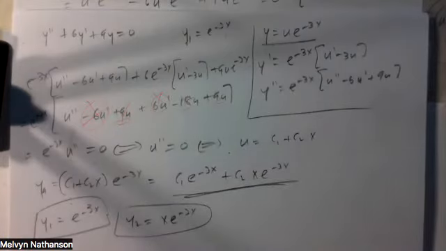And y1 equal e to the minus 3x and y2 equal x e to the minus 3x are two solutions which form a fundamental system of solutions for this differential equation.